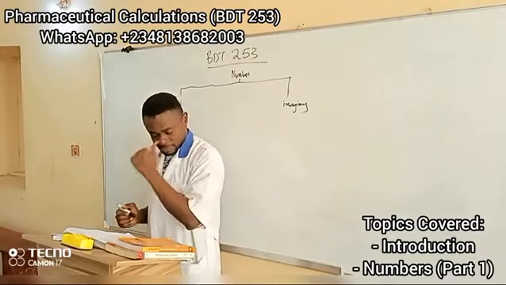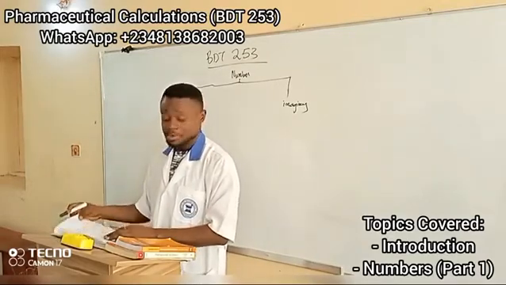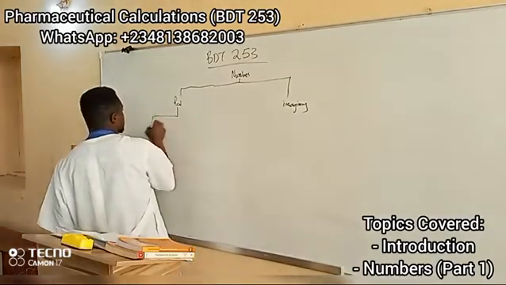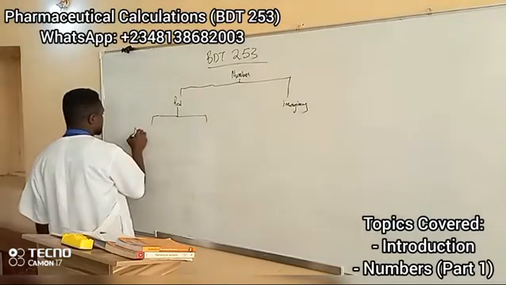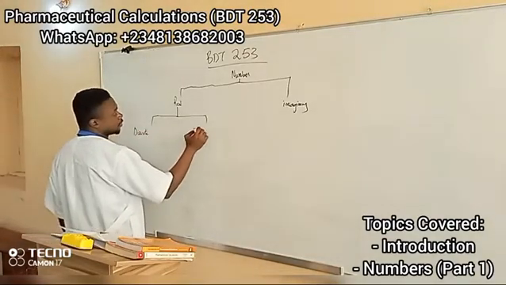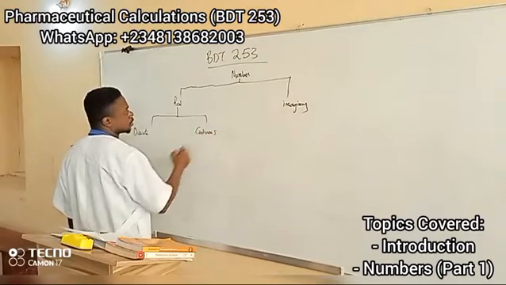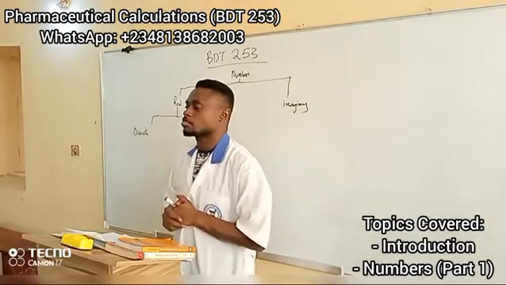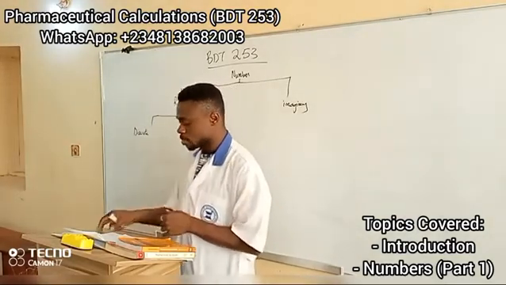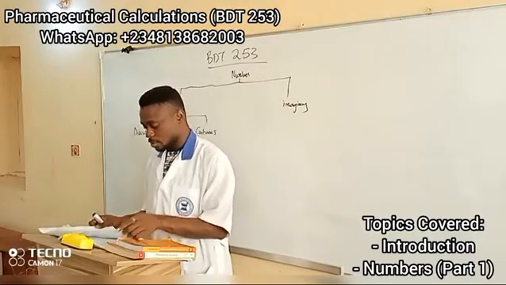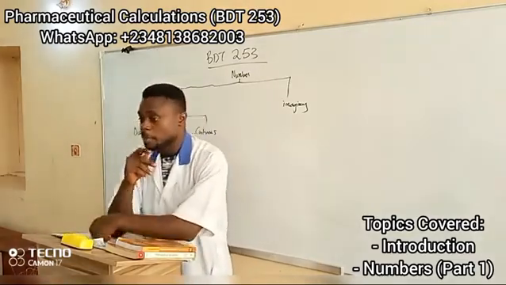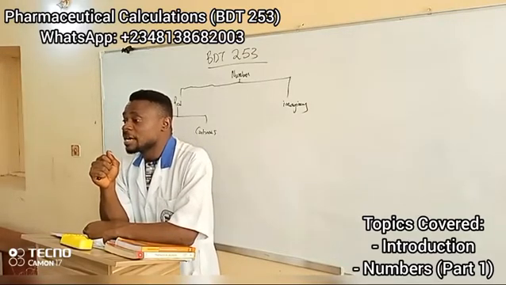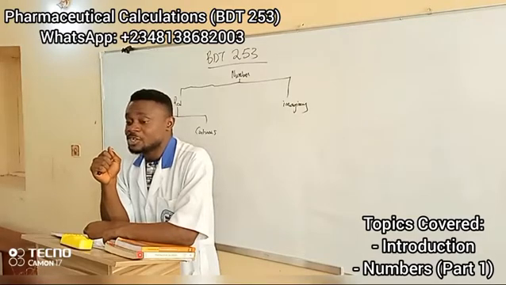Now, under real numbers, we have discrete numbers and continuous numbers. Discrete and what? Continuous. Discrete numbers are those numbers that are distinct.